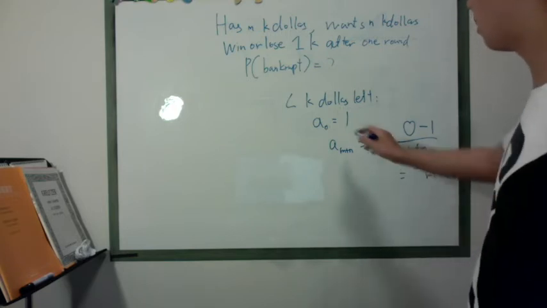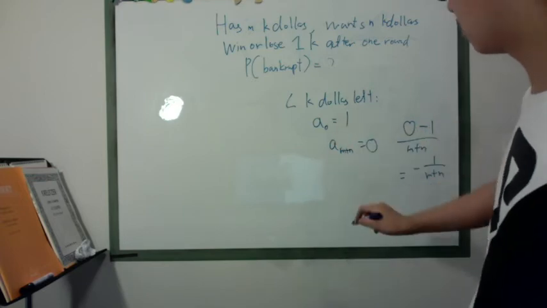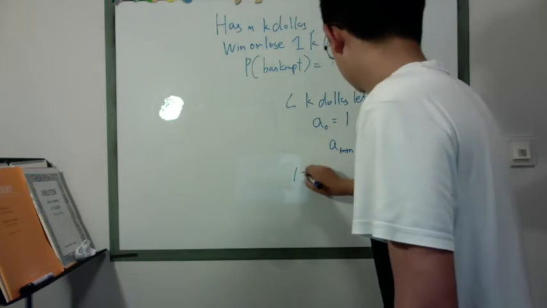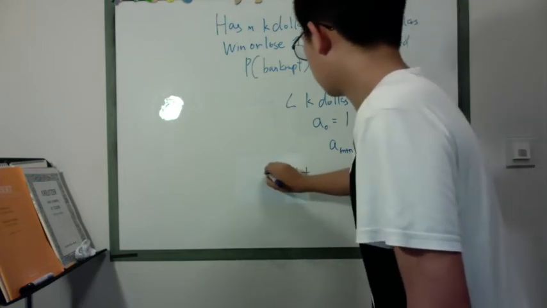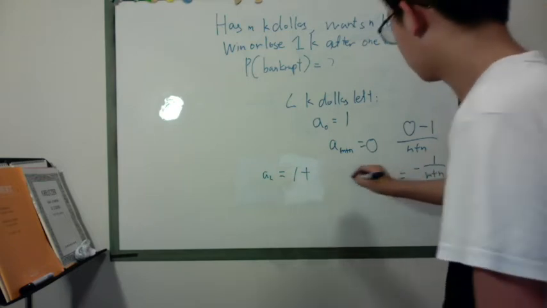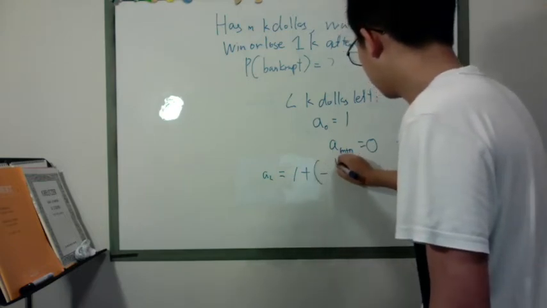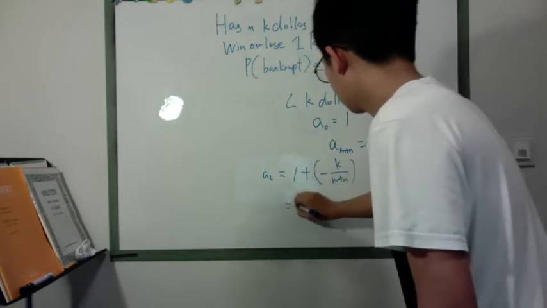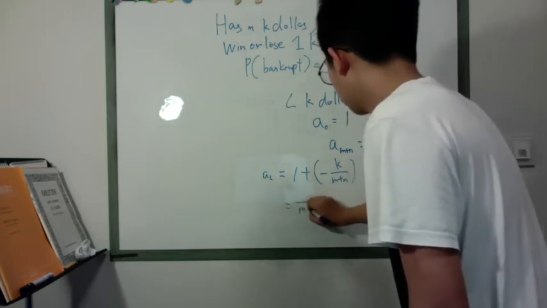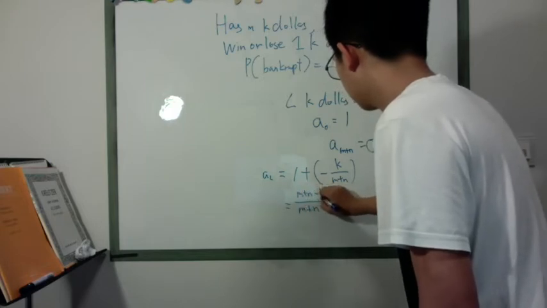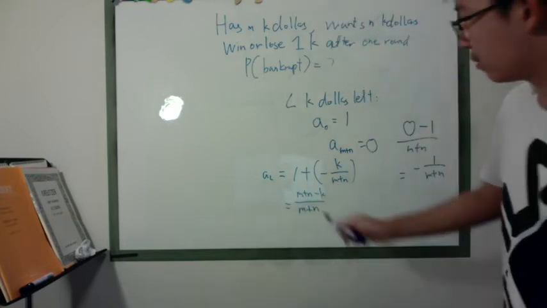And what happens is we're going to add this term, so A_0 is 1, so A_L is equal to 1 plus L times the common difference, so 1 minus L over M plus N. So this is the probability of A_L.